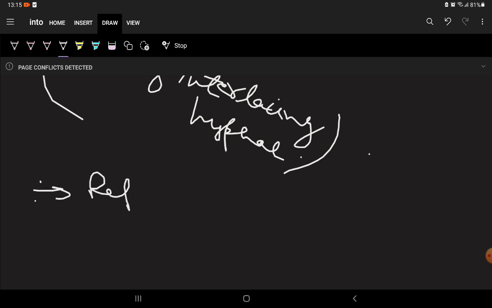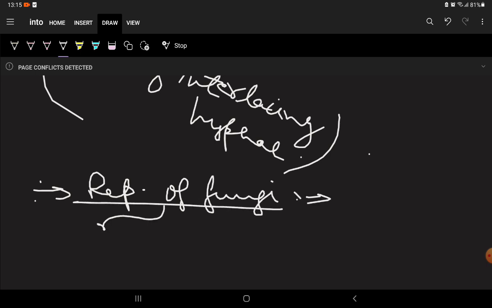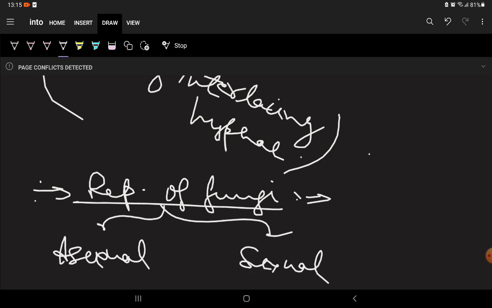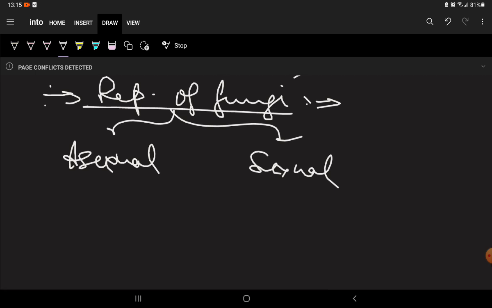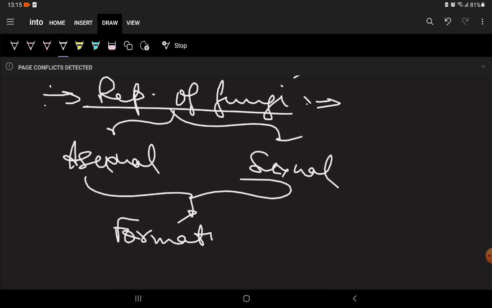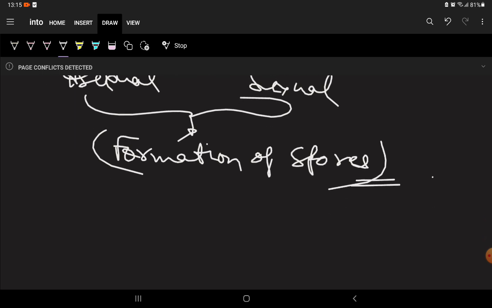So, two forms, asexual and sexual. Both with the formation of spores.